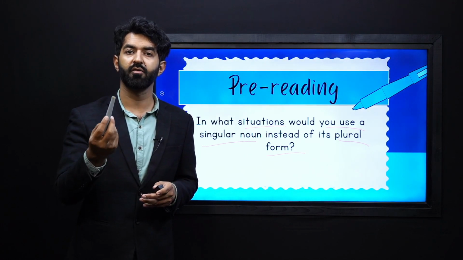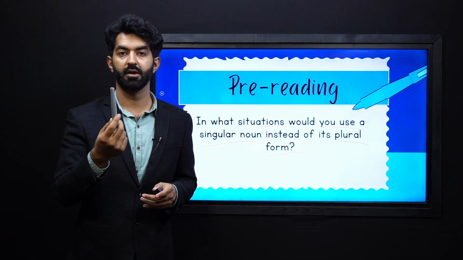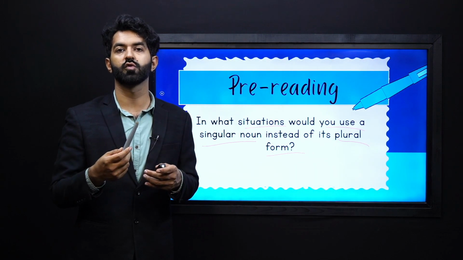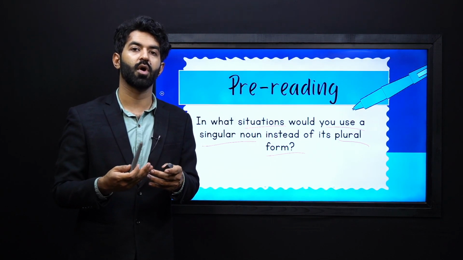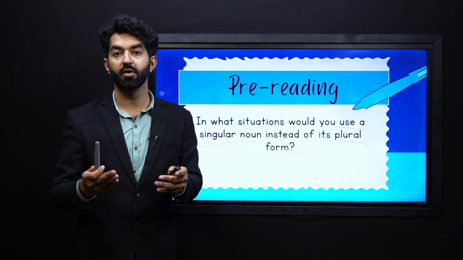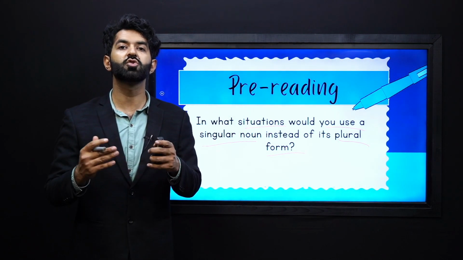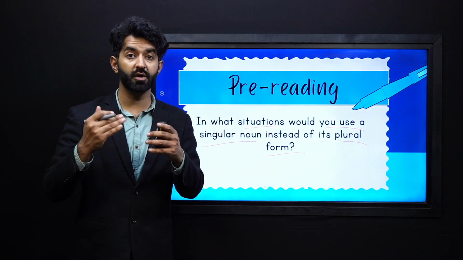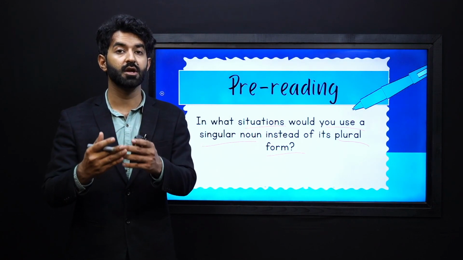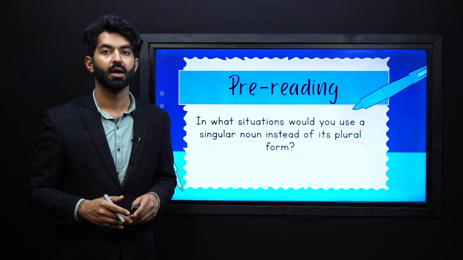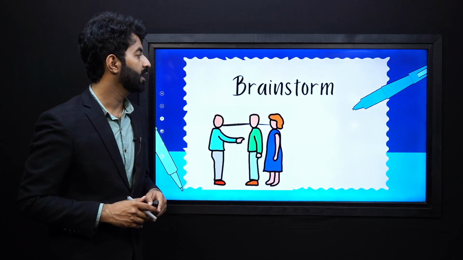For example, I have a pointer here. If I had more than one, I would use a plural noun. I would add s or es, whatever we will see in the next slide. So there are a lot of situations where you thought first whether to use a singular noun or a plural noun. So now let's brainstorm.